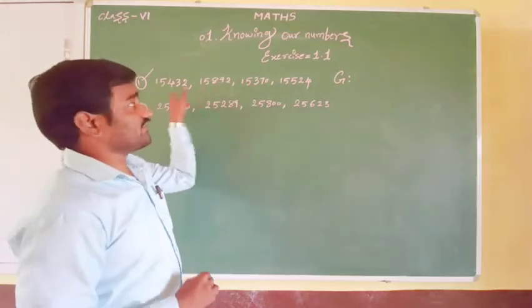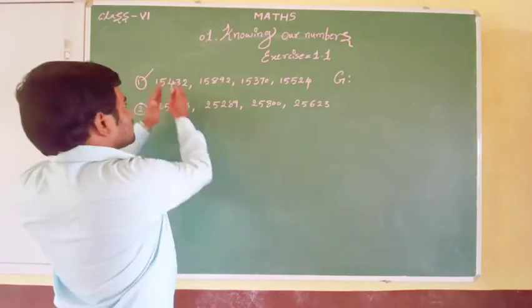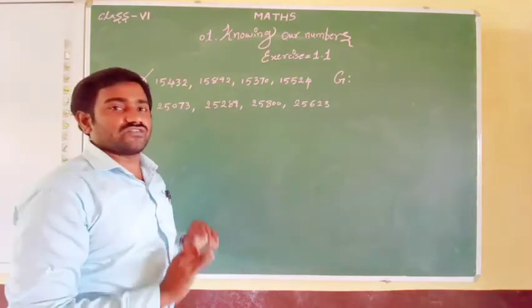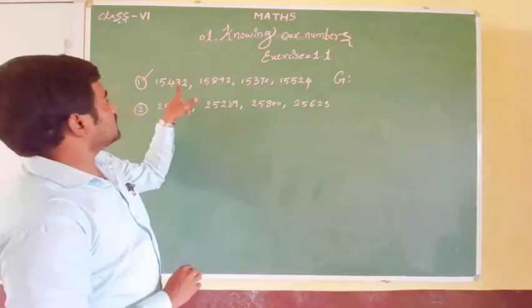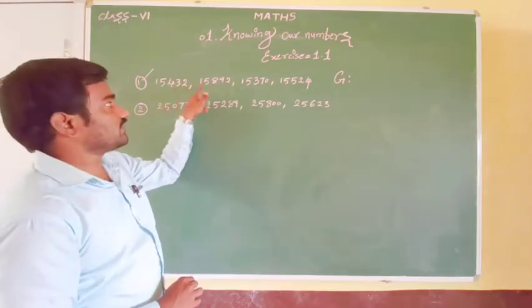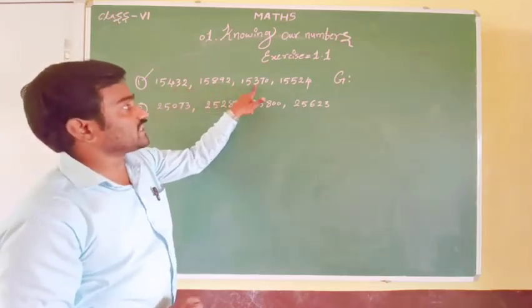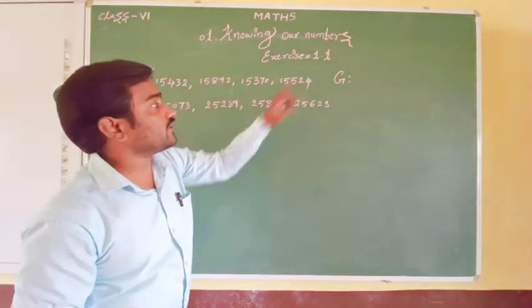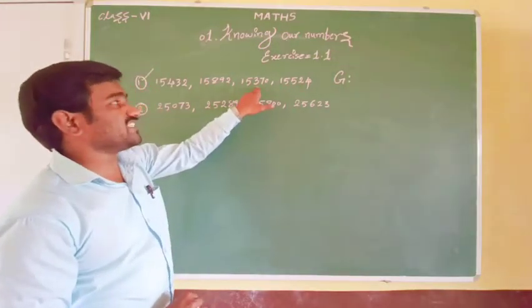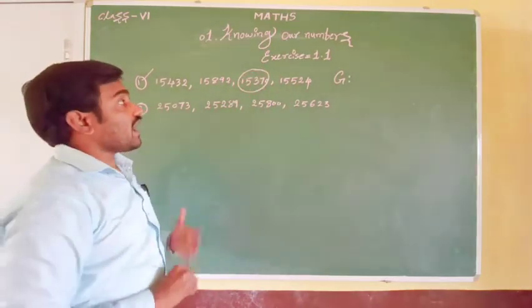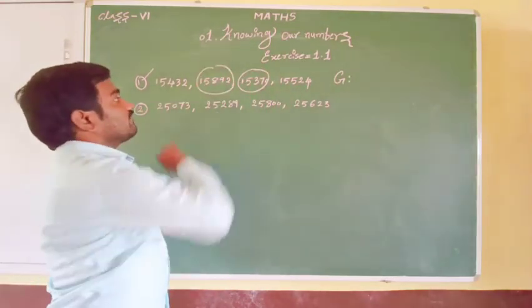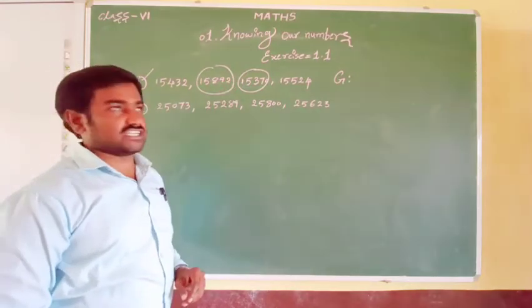See, usually you can identify which is the greatest one. All these numbers are 15,000 only. So let us forget about the 15,000 and come to the remaining 3 digits. Here it is 432, here 892, 370, 524. 370 is the smallest number among these 4, and we know that 15,892 is the greatest number.